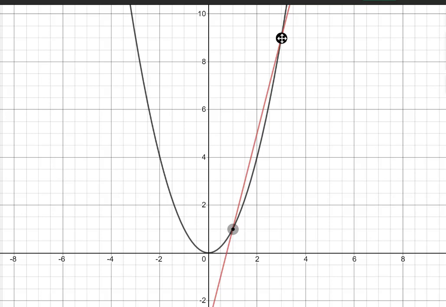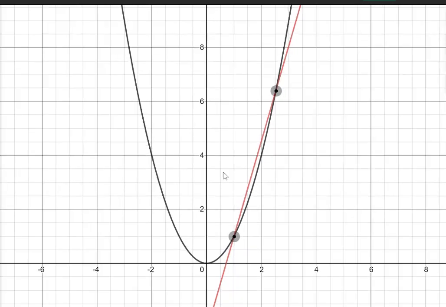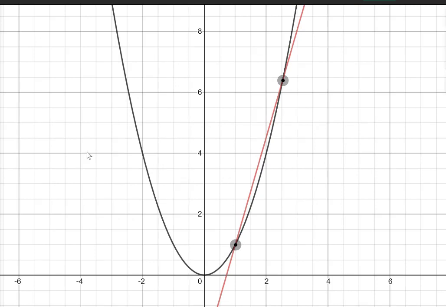Let's assume this is our Q point, and we're going to start getting closer and closer to P. You see how the line is changing too, and we can actually zoom in on this a little bit more. You start seeing the gap, but we still have a secant line here in place.